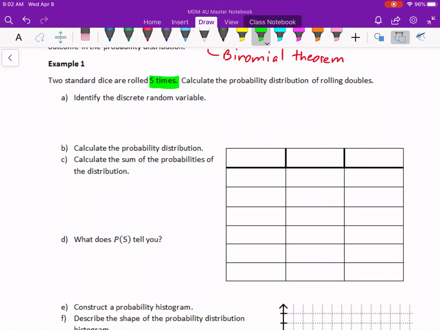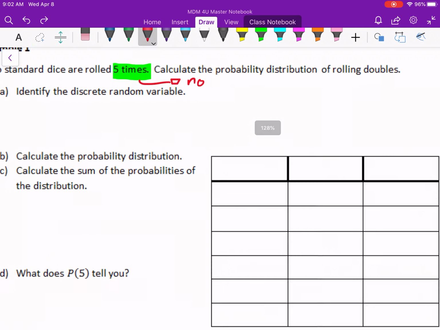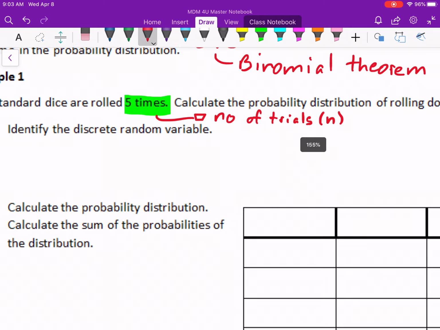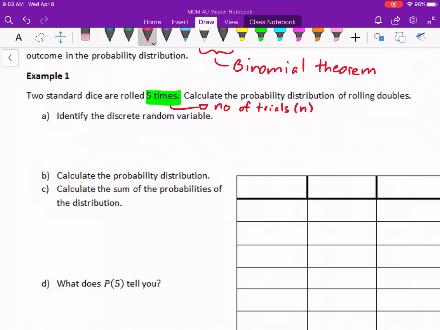That is the number of trials, and that means that it's actually the variable n. So 5 would be our variable n.